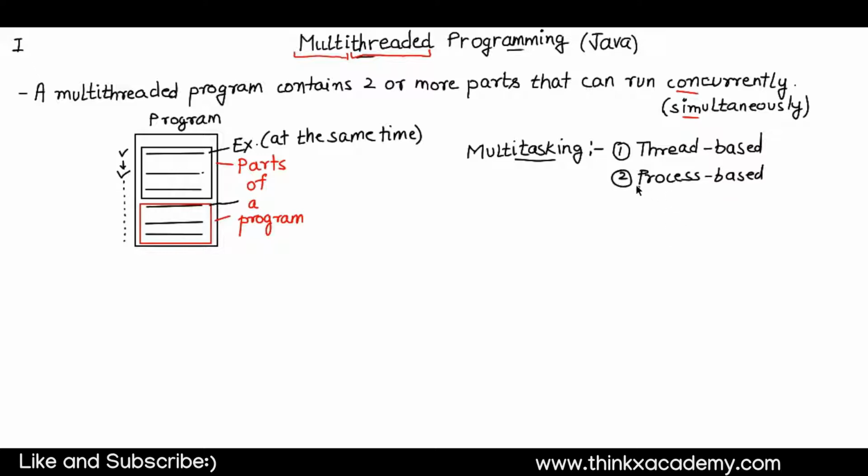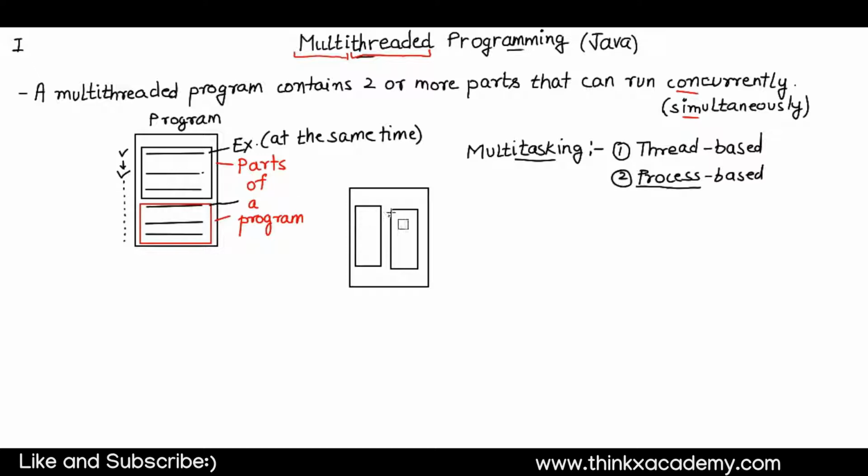Process based means it contains the term process. Let's take an example from our real lives. We know that we have mobile phones, and in mobile phones, when we go to the recent apps, we can see that we can run more than one app or application simultaneously.